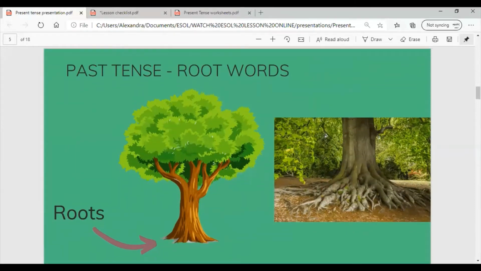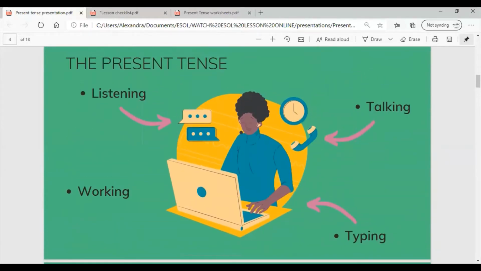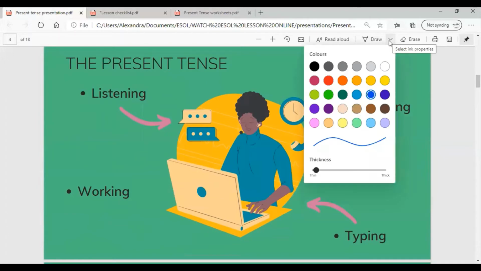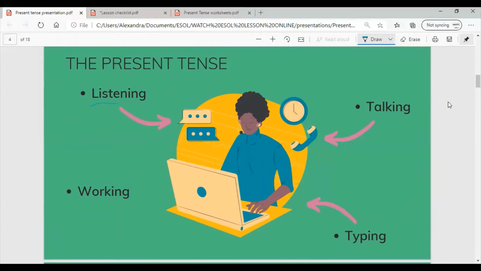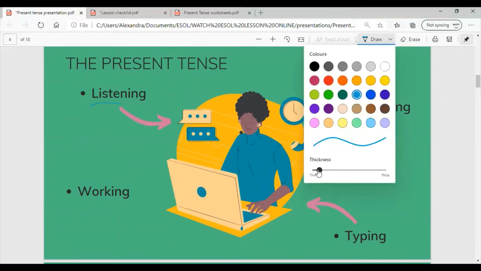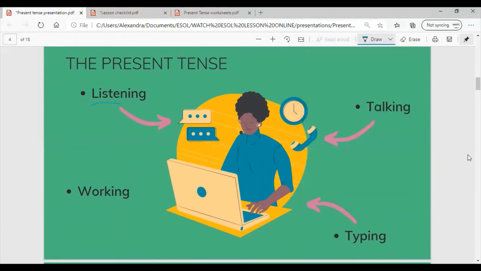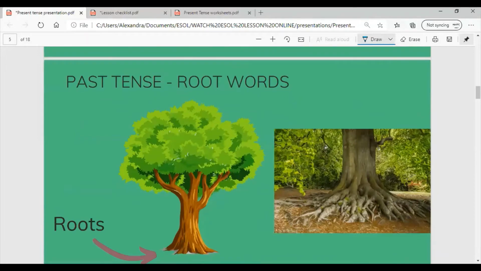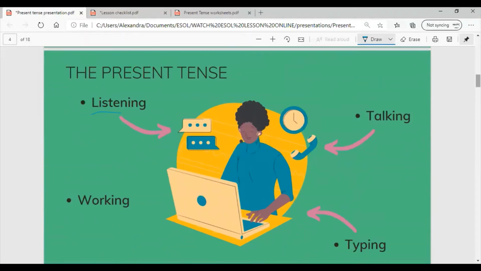Now, if you remember our root words, if we were to look at these words, I'll just get the pen. If we were to look at these words, the listening is, oops, that's better.